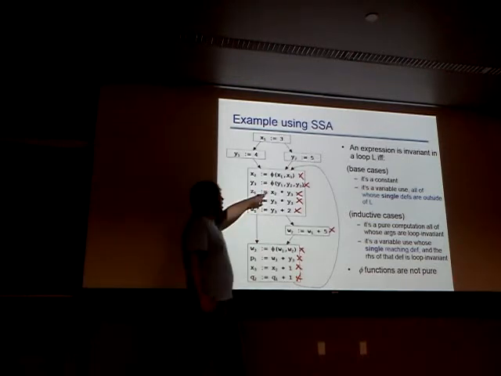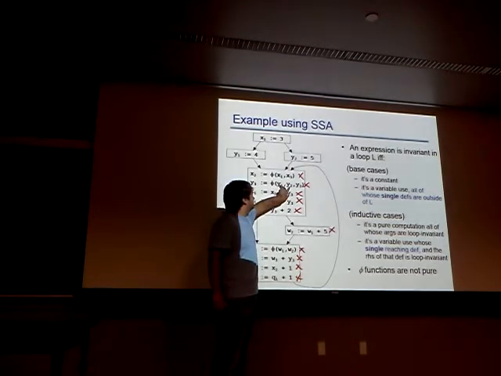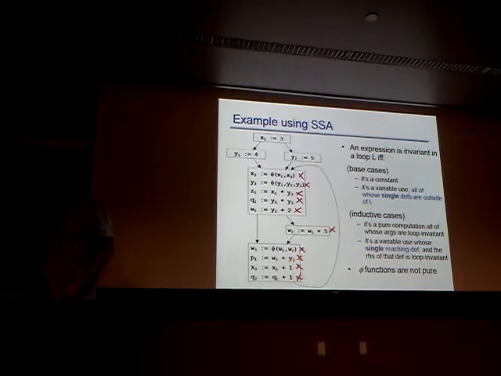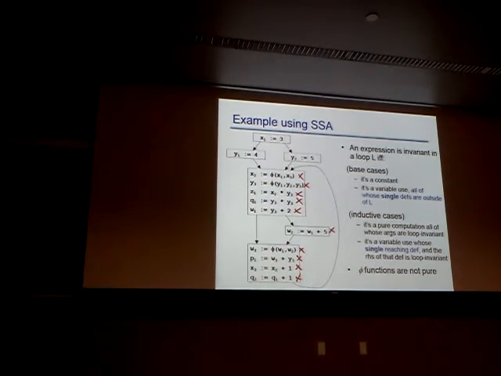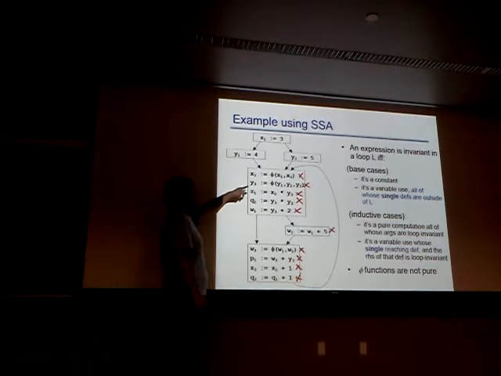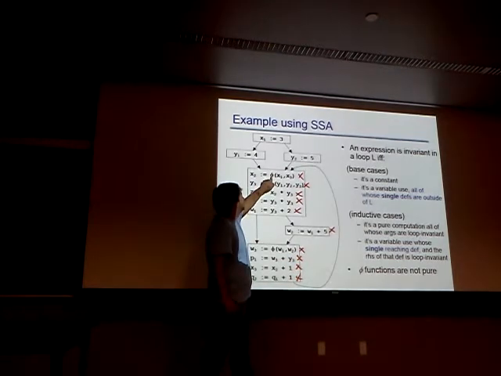What you want is this to be phi of Y1 and Y2, in some sense. But there's still a problem, even if you just did that. Part of the issue here is that this phi node for X should run every time we're in the loop.